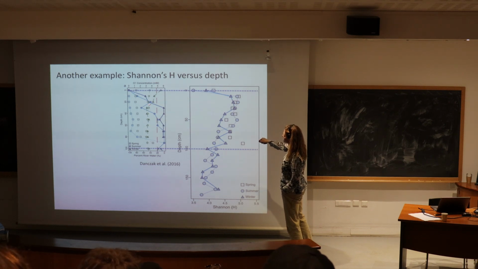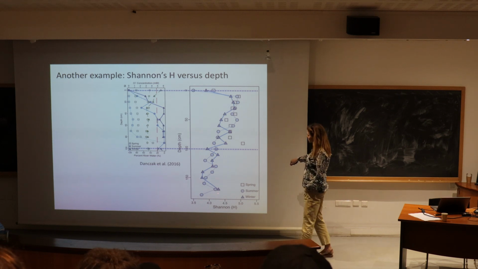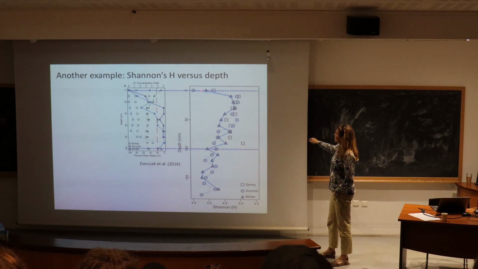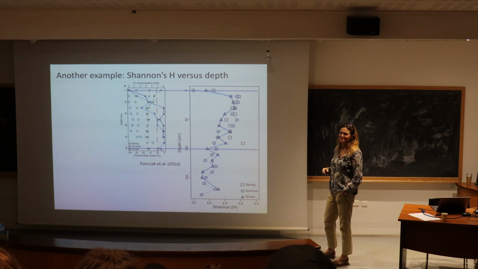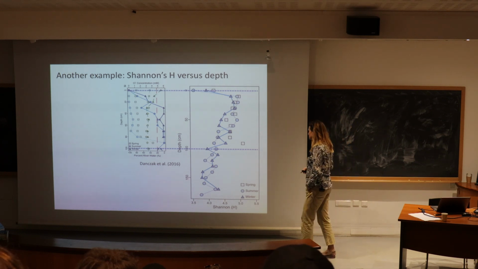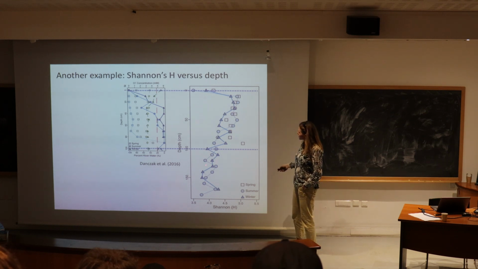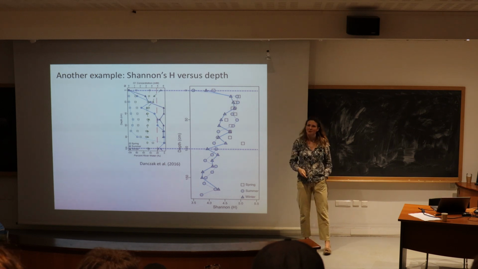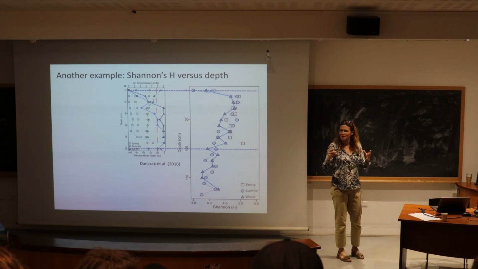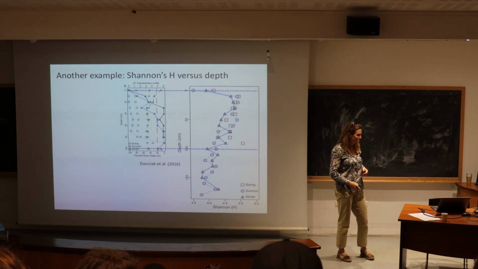So here's your mixing zone, and here's where it's all groundwater end member down here. If we look now at Shannon's H, so microbial diversity, you can see that the highest microbial diversity is actually in this mixing zone, which is super cool. The stream is less diverse, the groundwater a little more diverse, but not a lot, and then this mixing zone is where the community really has a lot of variability.